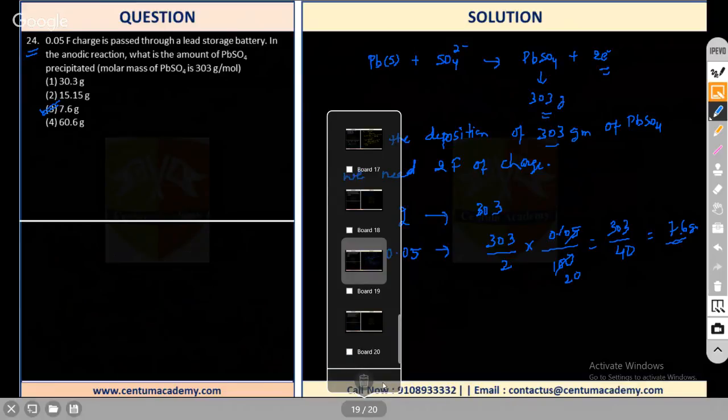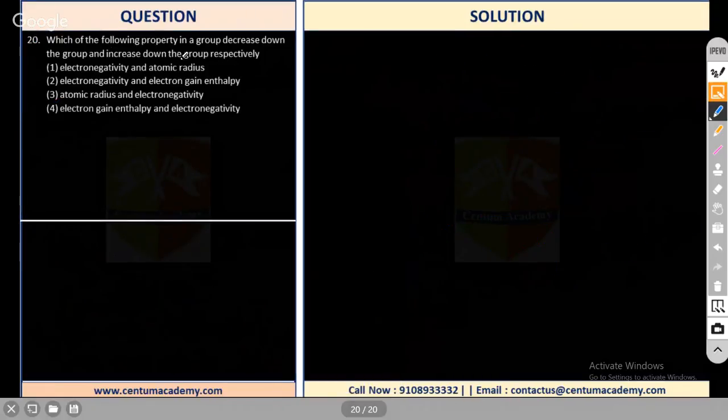Question number 20: which of the following properties in a group decreases down the group and increases down the group respectively? Very simple one. I think electronegativity decreases down the group and atomic radius increases. So option 1 is correct. We know fluorine, chlorine, bromine, iodine.